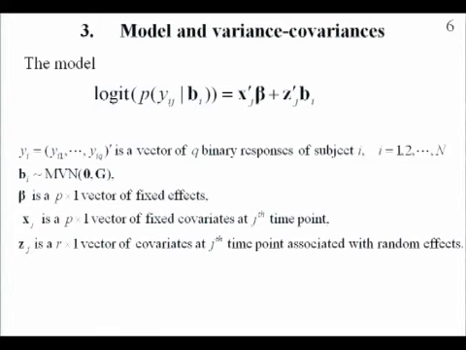The linear predictor has two components. The first part is the fixed part, and the second part is the random part.